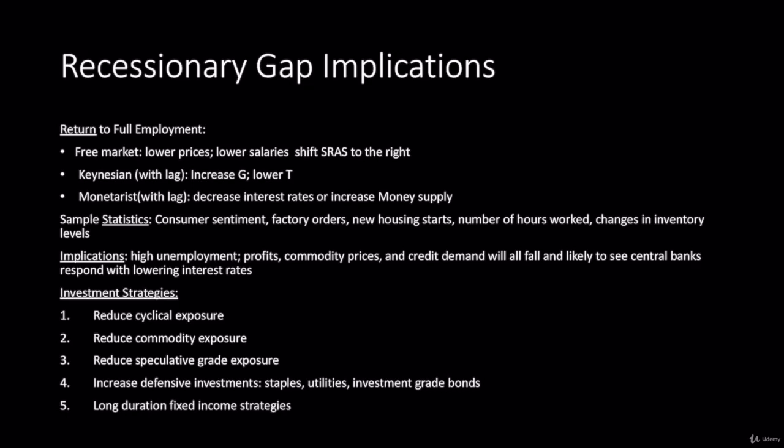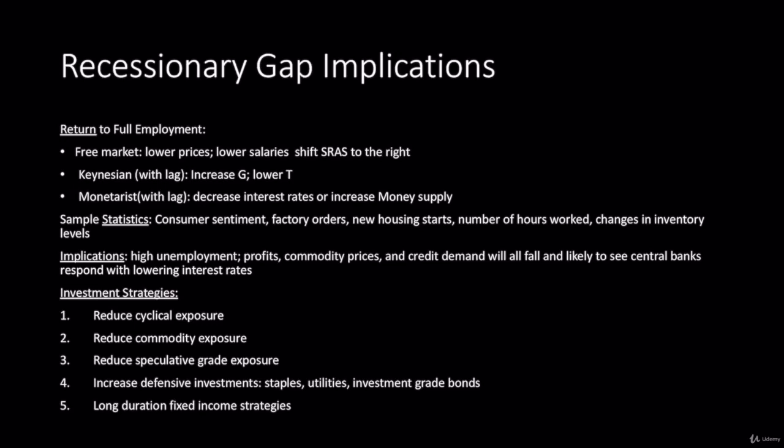Credit demanded also falls, so people will not borrow, firms will not borrow to start new projects or buy new houses or buy new cars, things like that. And we're likely to see the central bank respond by lowering interest rates, because most central banks will react to this and not leave the market to its own devices.